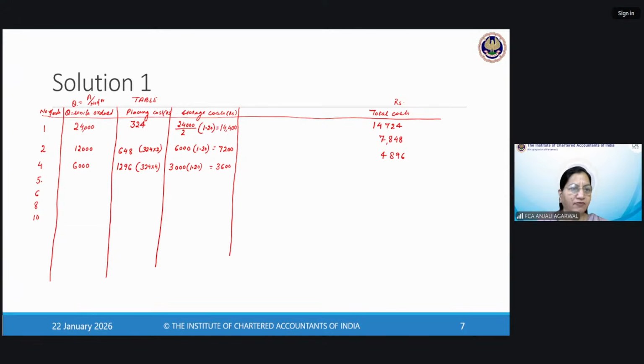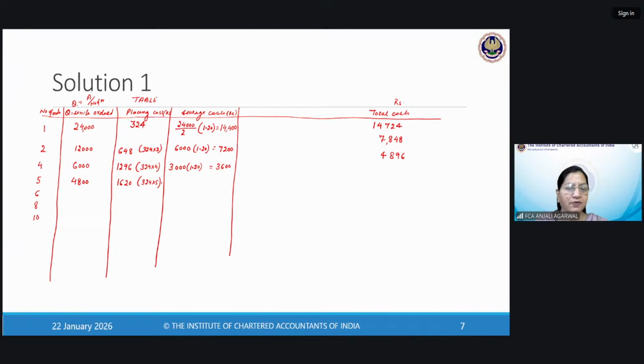What if I place 5 orders? I'm going to place orders for 4,800 units, 24,000 divided by 5. 4,800 units and 5 orders means 324 into 5. You can see the placing cost keeps on increasing with number of orders or with fall in units ordered.